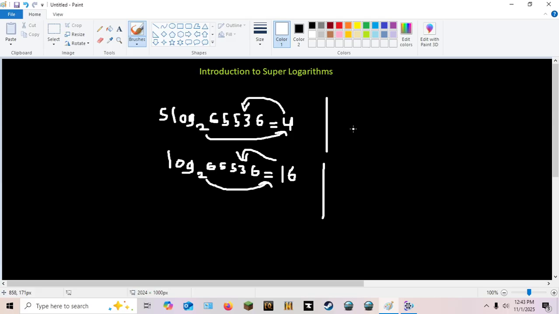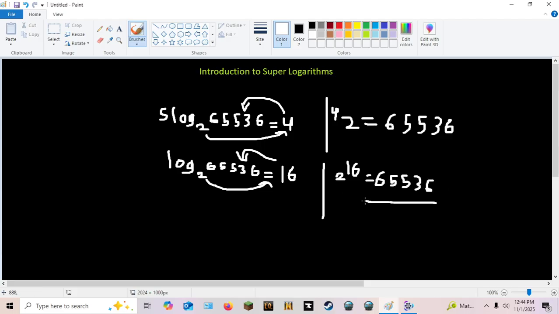So 2 tetrated to 4 equals 65,536. That's the answer if you convert it. Now, for this one, 2 raised to the 16th power equals 65,536. Those are the answers if you convert it.